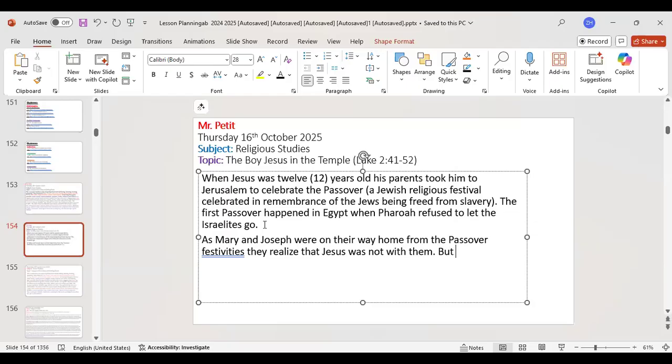But back in Jerusalem, after 3 days, how many days? 3 days. Very good. They found Jesus in the temple.